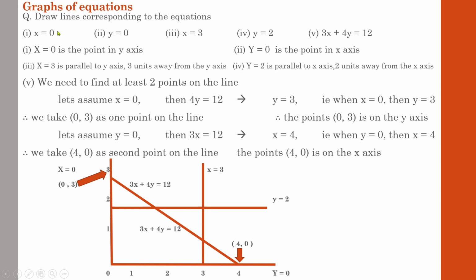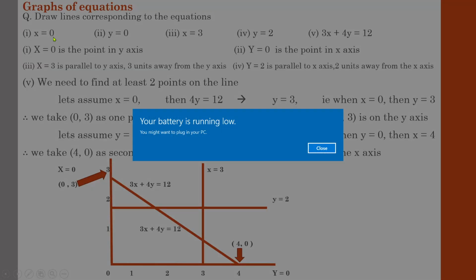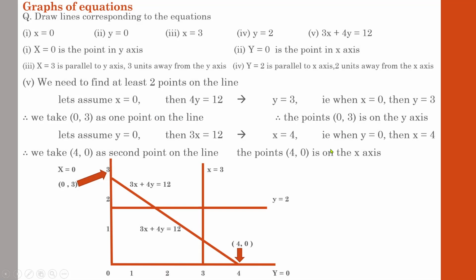So whenever a variable connected with 0 is given, you have to draw the corresponding x-axis and y-axis. And if any number is given, you need to draw the point or a line on that particular axis. When you come across an equation, you have to find 2 points. So this is how you have to deal with a question.